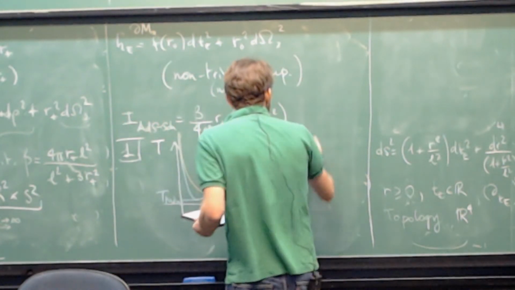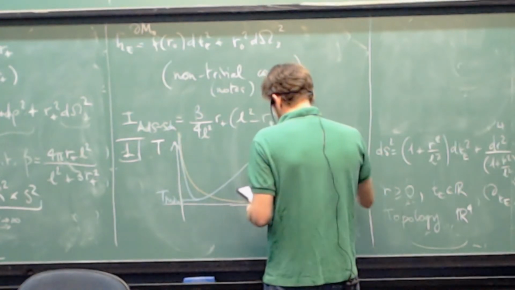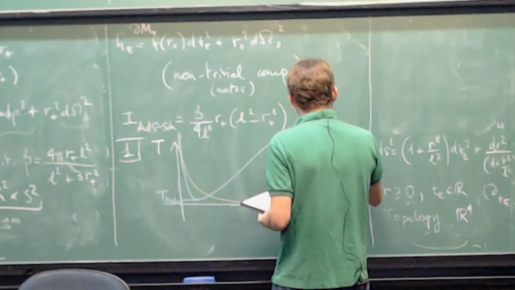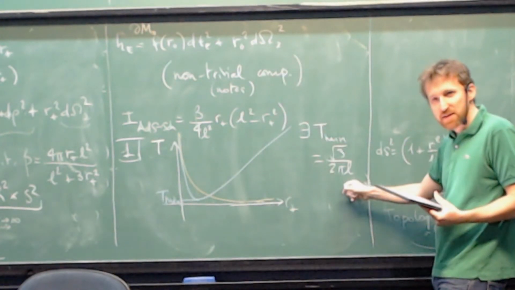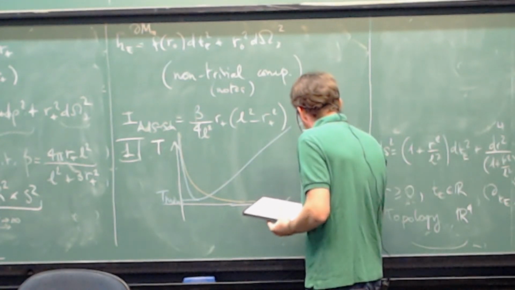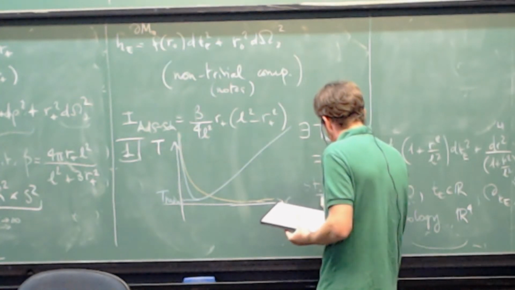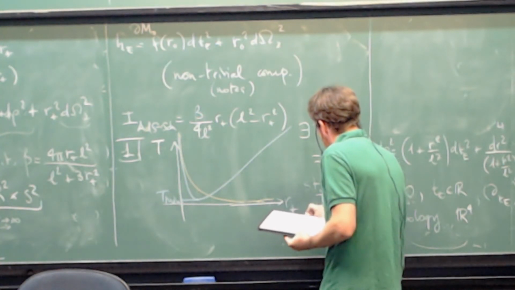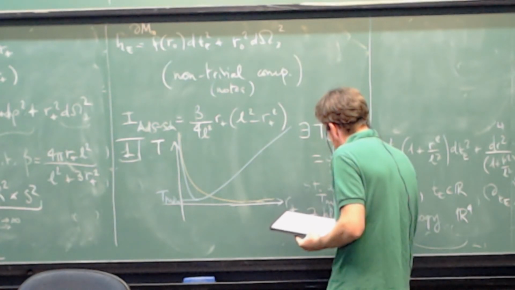In particular, there exists a T min, which is square root of 3 over 2 pi L. Notice that again, as L goes to infinity, T min goes to 0, such that above T min, there are two black holes with the same temperature.